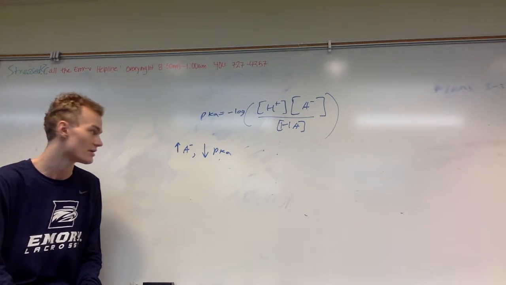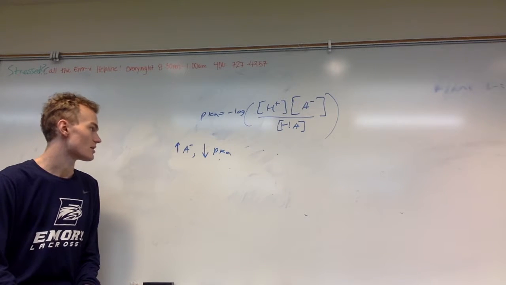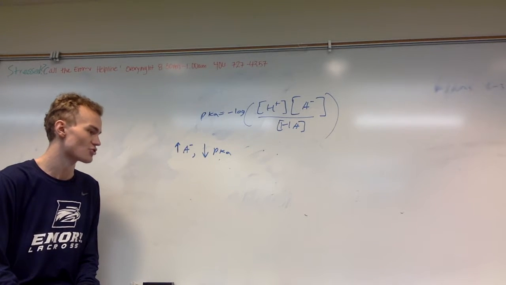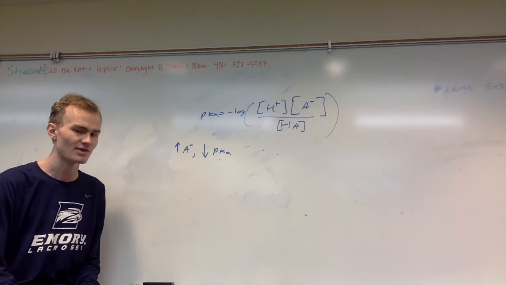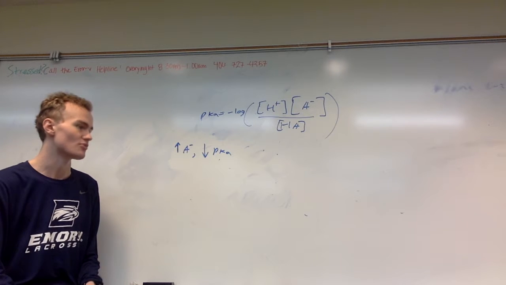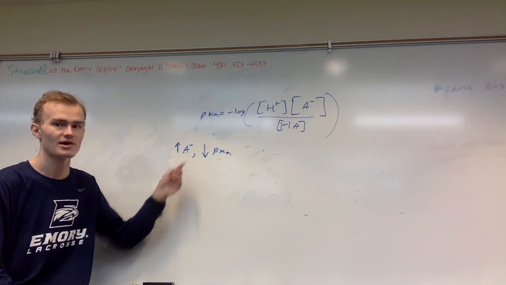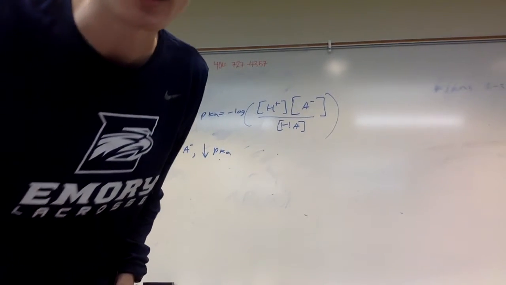Strong just means propensity. So if it's a strong acid, it means that it has a high propensity to dissociate, which is why this will be higher. All right, so that's how that works.